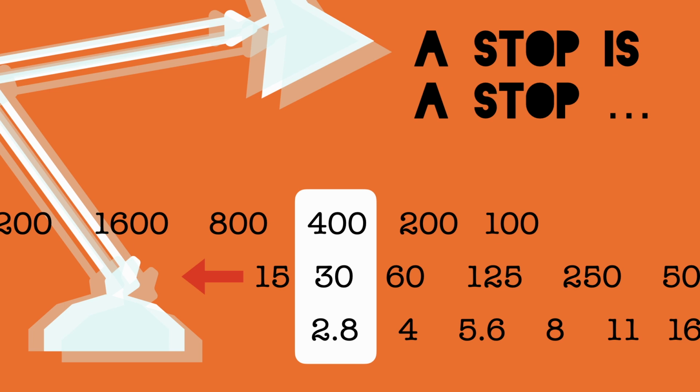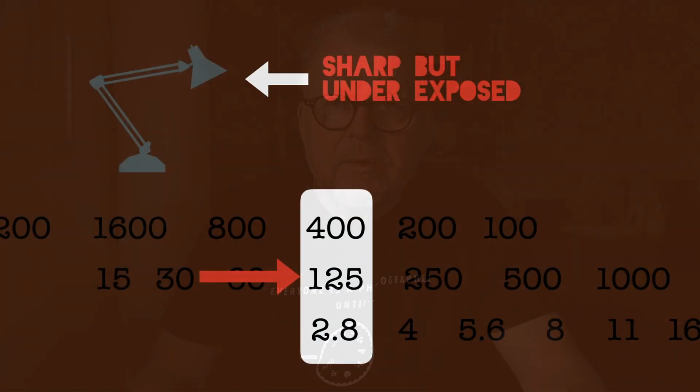Let's take an example. You're shooting indoors in a fairly well lit location, and you get the proper exposure with ISO 400 and 1/30th of a second and the aperture on 2.8. But you get some camera shake, or at least you are afraid of getting camera shake. So you want a faster shutter speed.